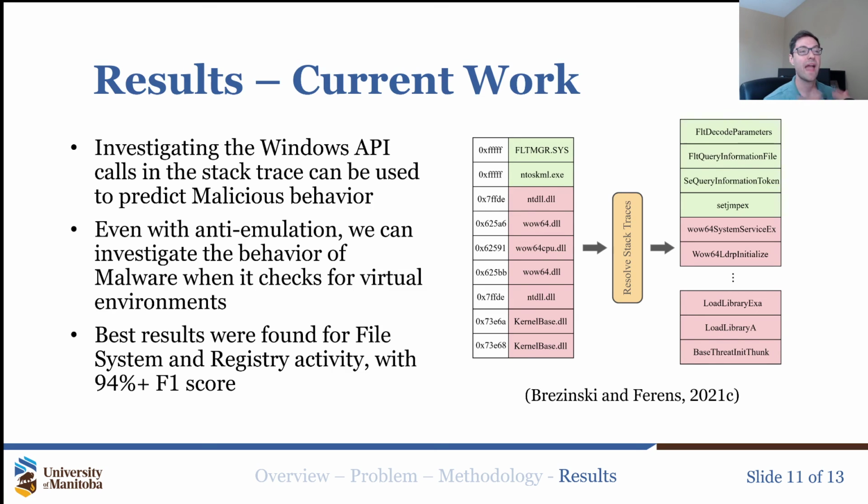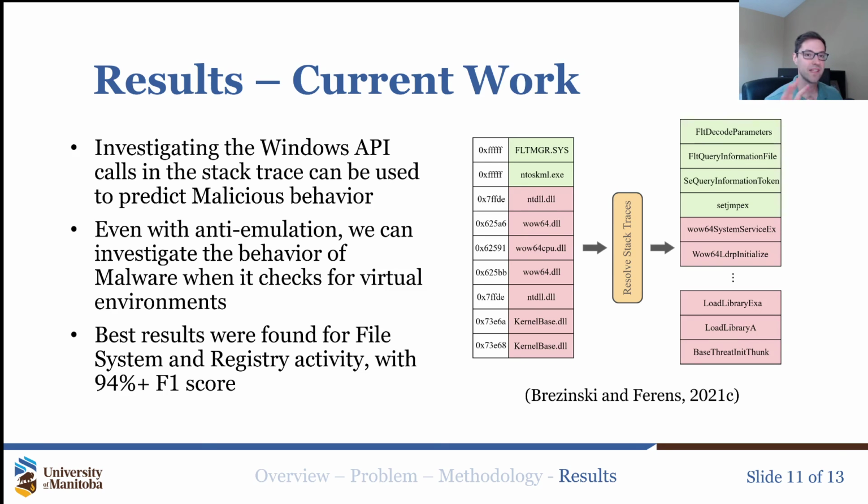So the thing is, even with anti-emulation, which has been known to occur in something like 70% of malware currently, we can still investigate the behavior of malware even when it checks for virtual environments. Whatever it does relative to checking in the registry or making other checks for virtualized environments, that in and of itself is malicious behavior, and we can track that by looking at these stack traces.